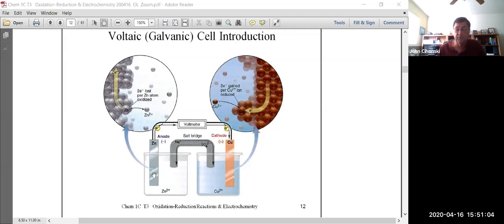Now, if you remember, I said the zinc 2+ concentration will build up as we remove those electrons. Okay, so this is increasing. Well, we obviously are going to get to a point where we have too many cations in solution here, not enough anions. So what happens with the cations?